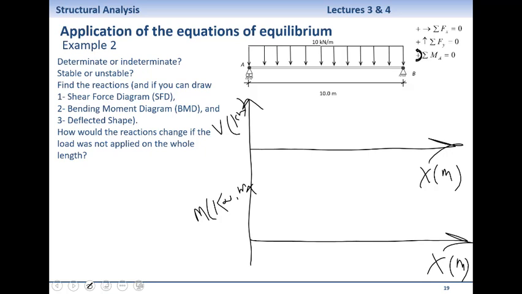So by having the units right on the axis, for any other number that we put on the diagram, we don't need to repeat the units again and again. But if you solve this, you will see that, again, you will have 50 kilonewton reactions, very similar to the previous one.